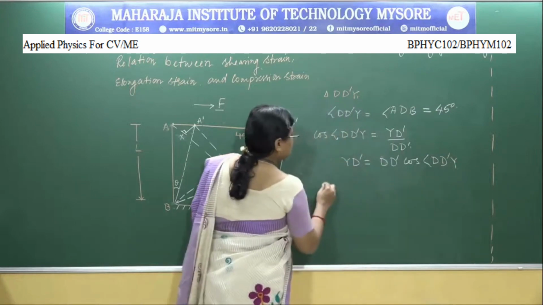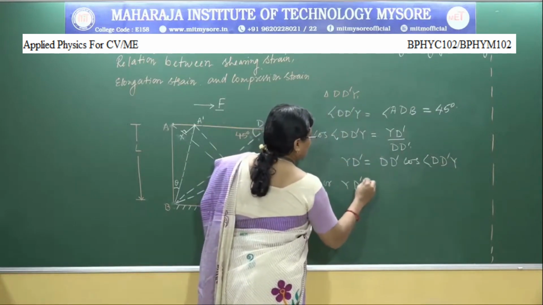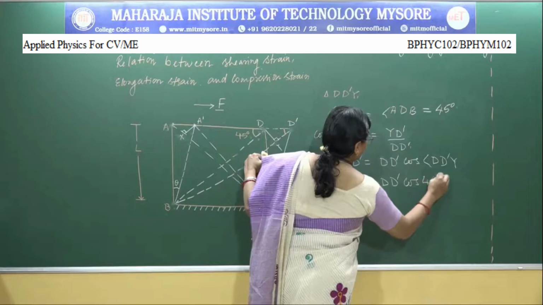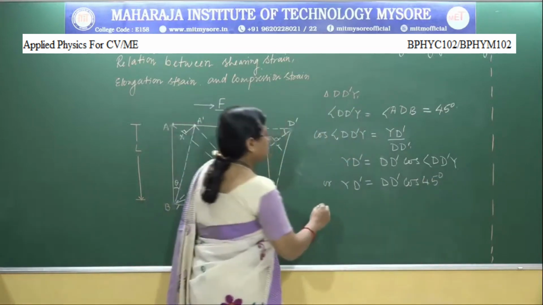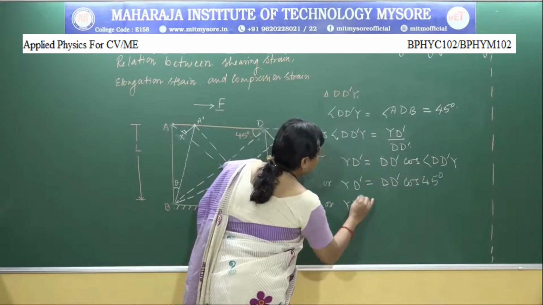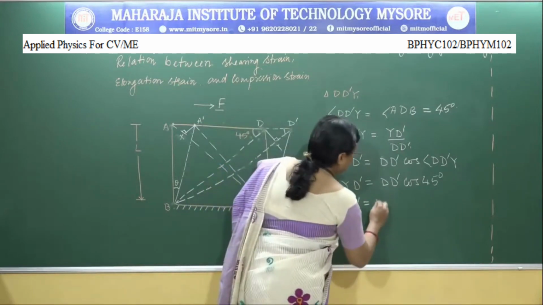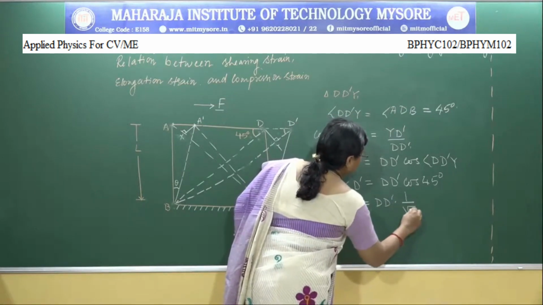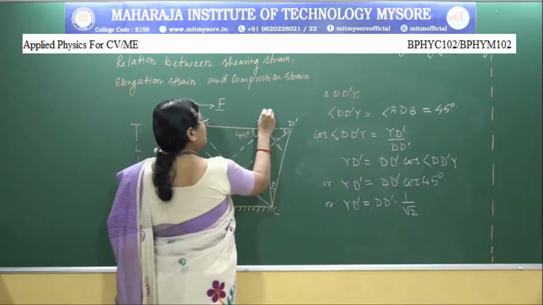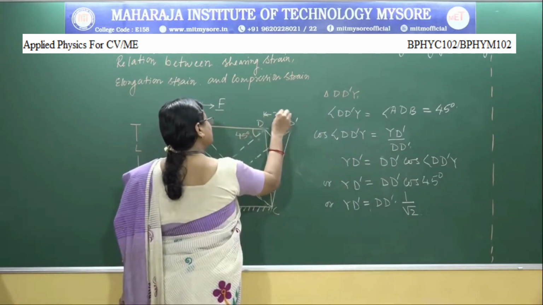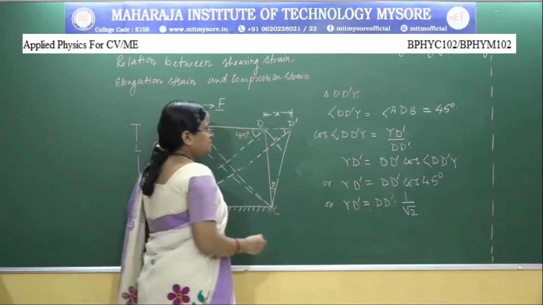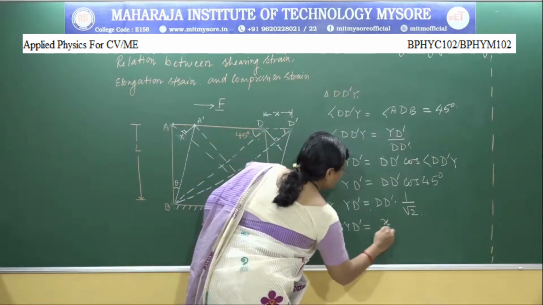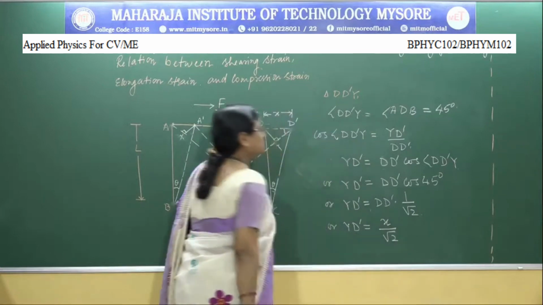So YD dash will be equal to DD dash cos of 45 degree, and cos 45 is 1 by root 2. Now if we consider that the change in the position is by distance x, then YD dash will be equal to x divided by root 2.